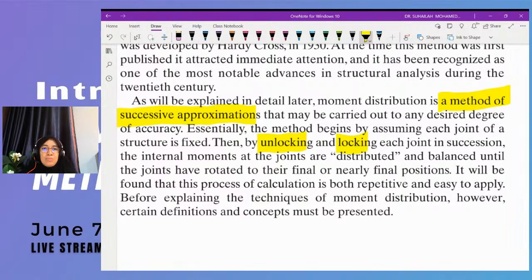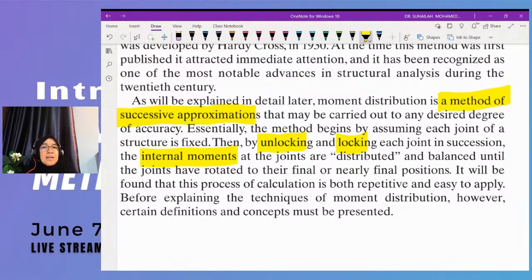The internal moment is the aim, the objective. When we want to analyze a beam or frame using the moment distribution method, we are going to determine the internal moment, which we can also call the member end moment, or bending moment.